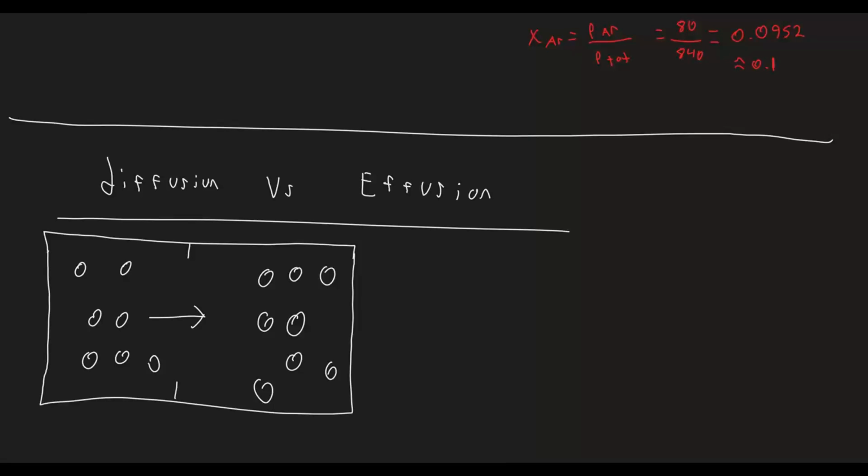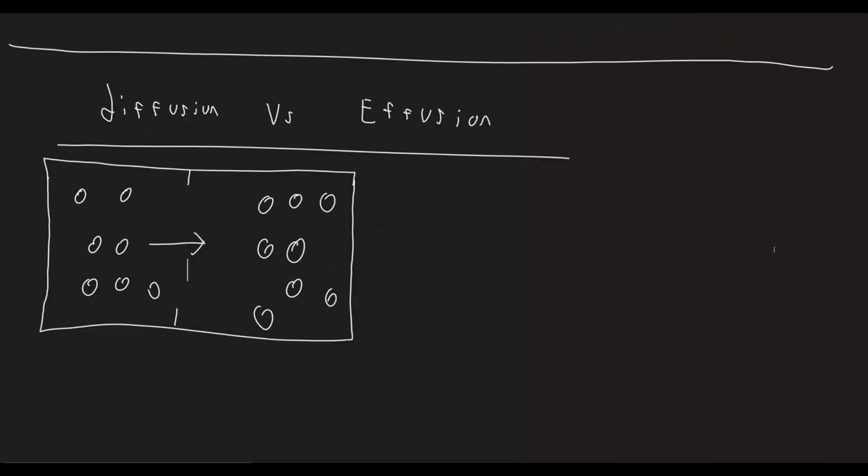So the gas is essentially passing through a very wide opening, and it is diffusing into the other gas in the surrounding area. Any sort of diffusion is essentially a gas spreading throughout an area of another gas. That is all diffusion is defined as for your purposes. So we'll call this diffusion.